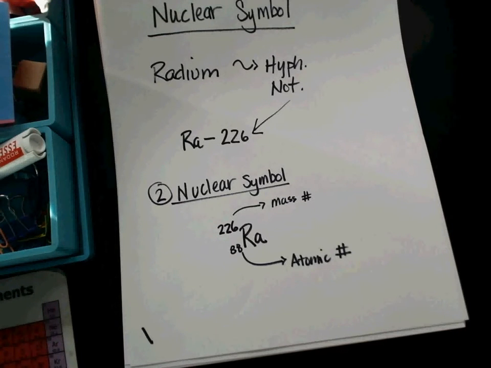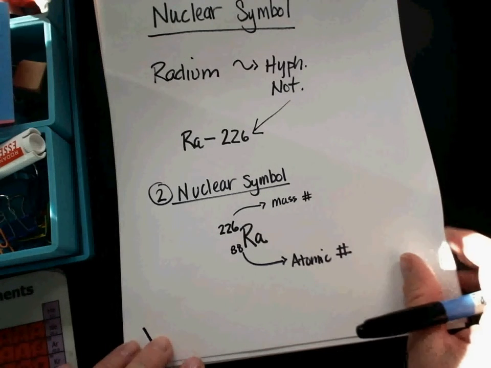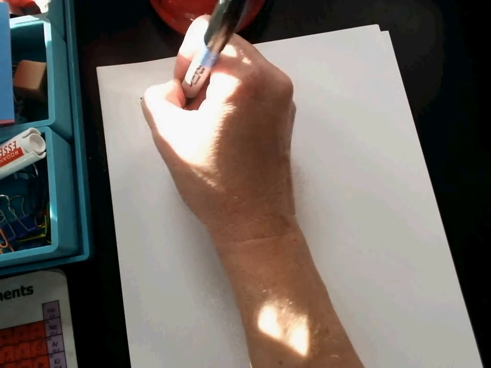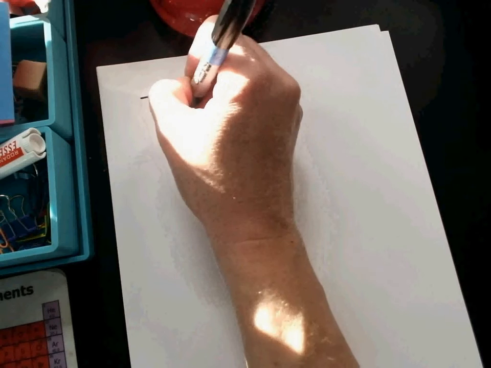So I want you to look at your periodic table and find tungsten. When you found it, stand up. Caleb, help them out. What's the chemical symbol for tungsten so they can find it?